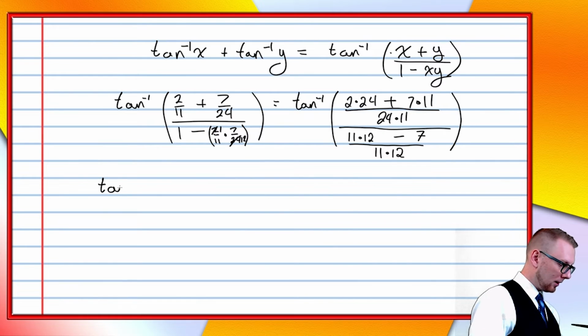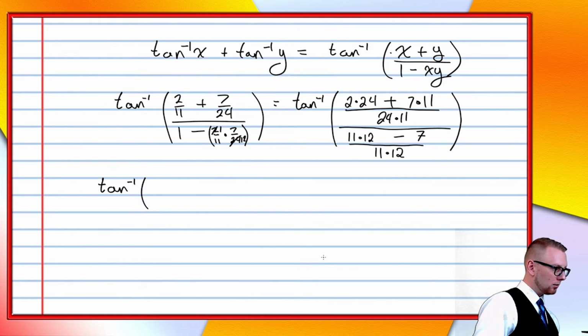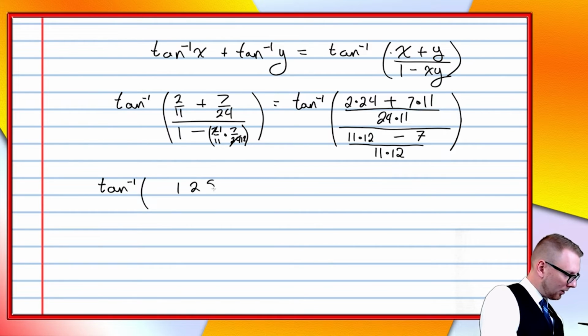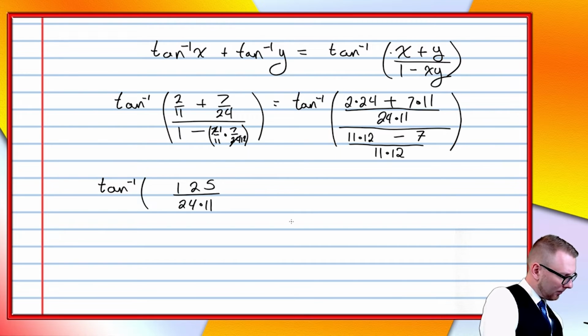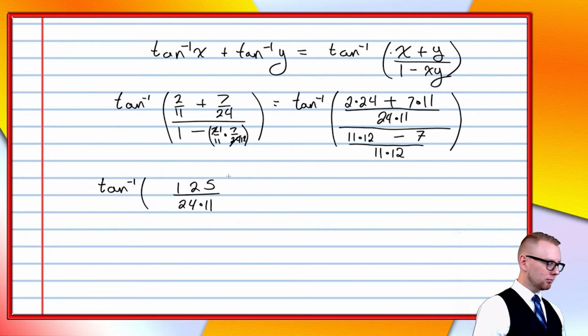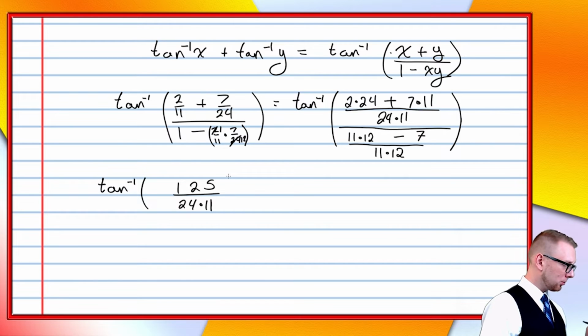This will become tan inverse. Well, 2 times 24 is 48, plus 77 would be what? 125? We've got 125 over, let's leave it as 24 times 11 for now, over 11 times 12 minus 7. Well, that's 125 as well. We got 125 over 11 over 12.